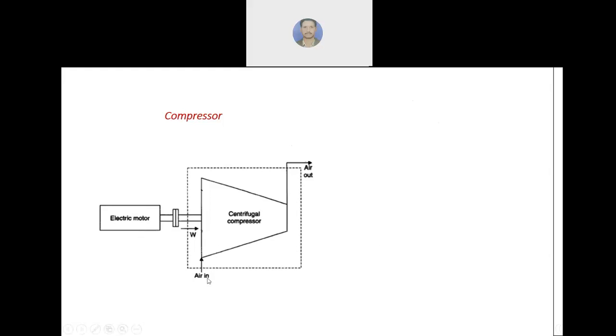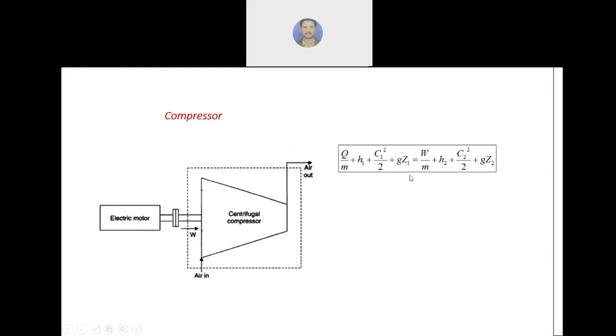Same thing is here. From one side air is going inside, meaning air inlet. From the other side it is the air outlet. Now this is the steady flow energy equation. In this case also this is insulated.